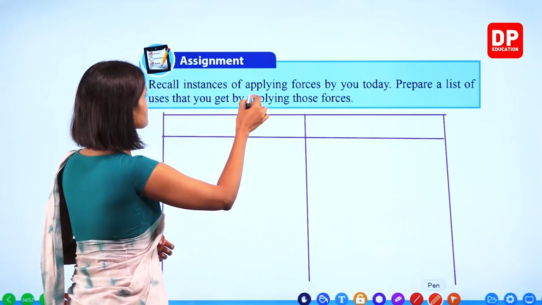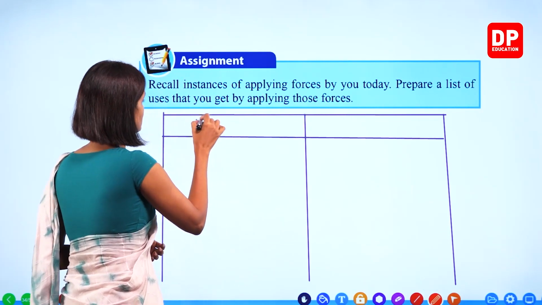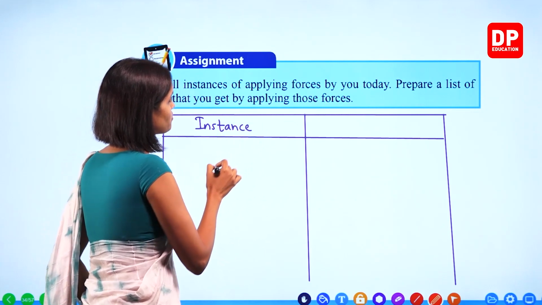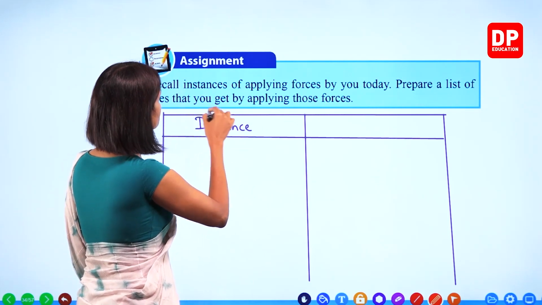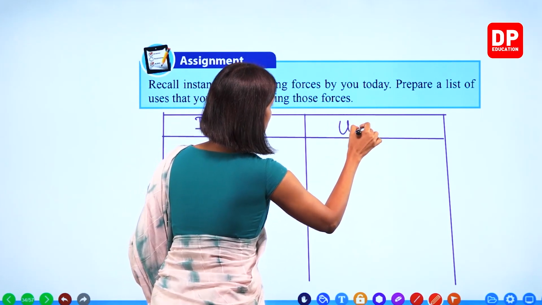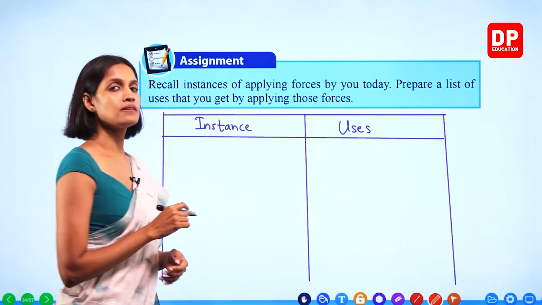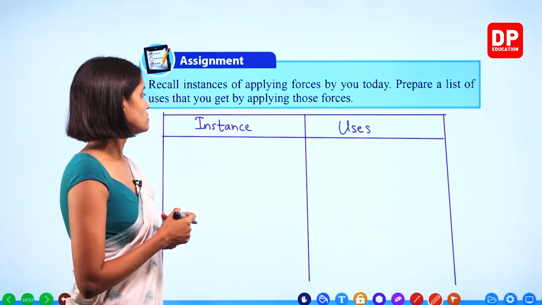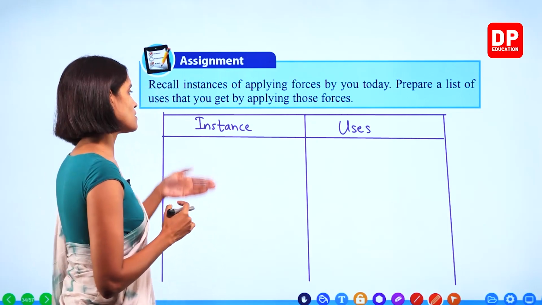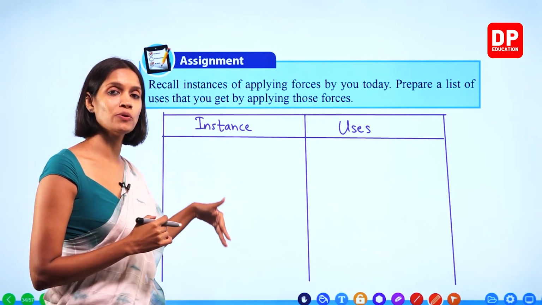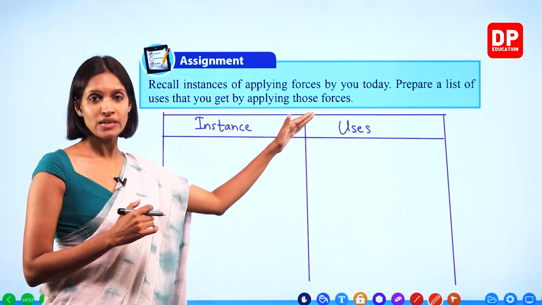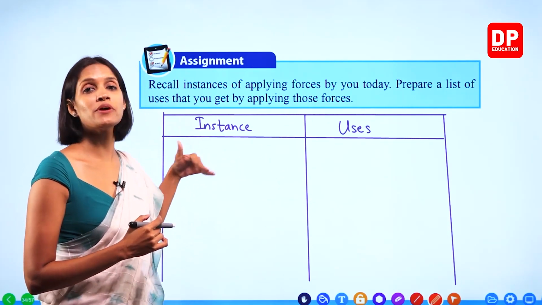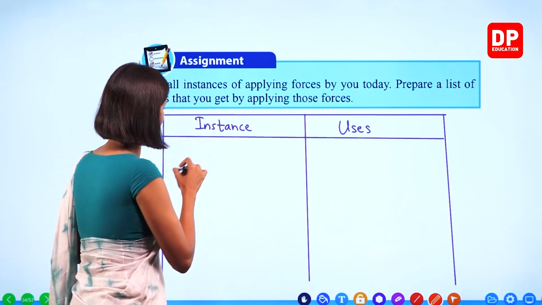So here, instances of applying force, and then you have to prepare a list of uses that you get. You can do it in two ways, children. Sometimes you can take it as pushing or pulling separately and write what are the uses for each instance. Or you can straight away use it as separate instances, like I'm going to do now.